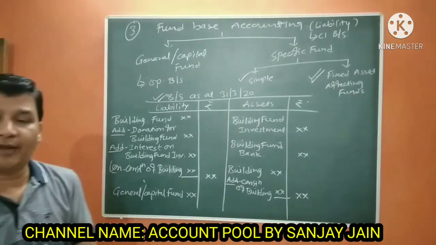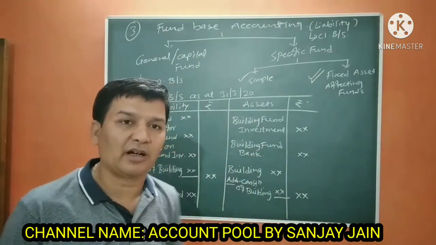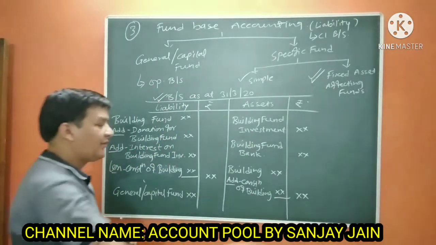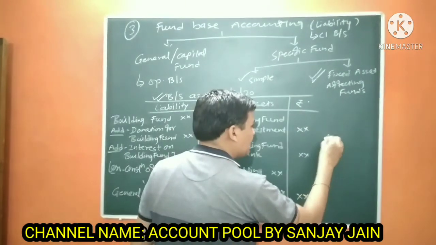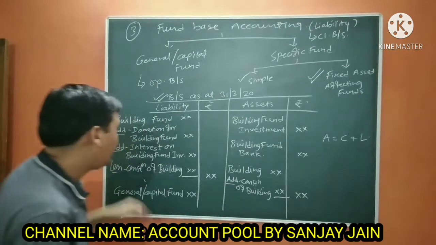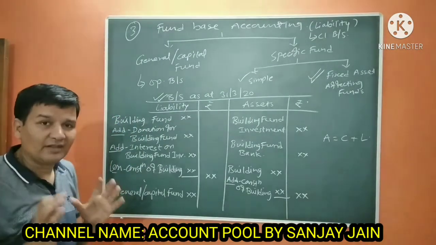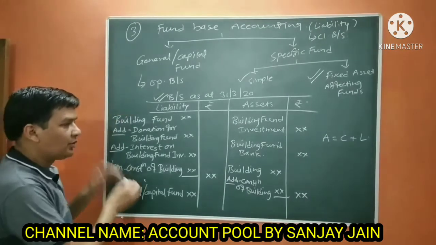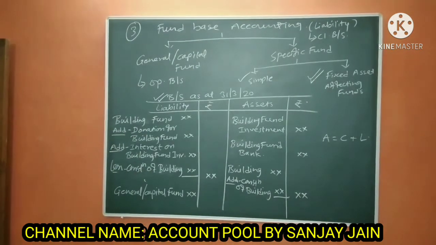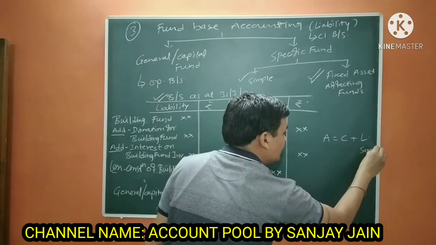When we move to class 11, you remember the accounting equation: assets equals capital plus liability. As you have seen, when there was match fund detail here, the same treatment was there, so the liability is same, there is no change.